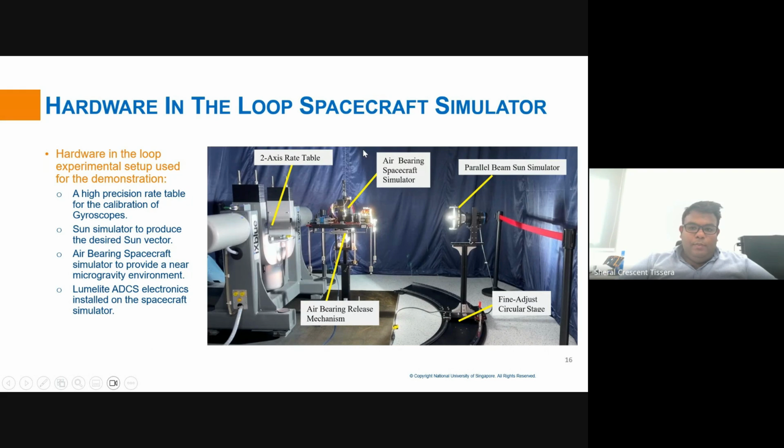So the most important equipment is actually the air-bearing spacecraft simulator, which simulates the near microgravity environment in space, so we can verify our attitude control algorithms in the laboratory.